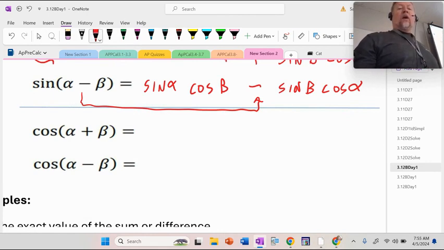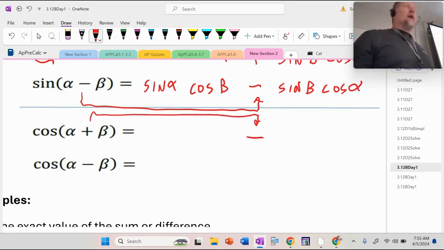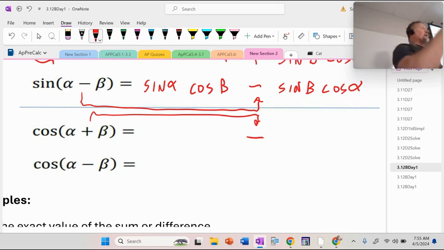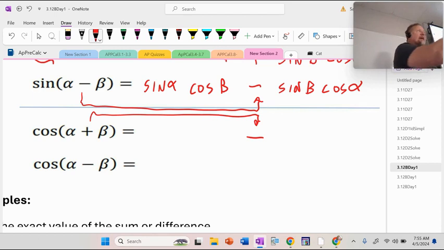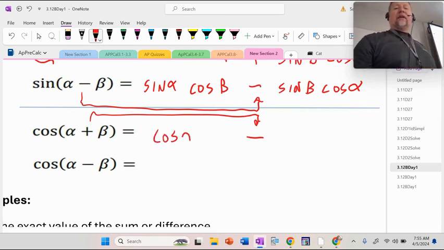For cosine, it has a distinct, different structure. Number one, for cosine, the signs are different, so sum is a difference. That's why, for the sine formulas, the sine sign is the same. I'm trying to help you memorize with little tricks. Cosine is a very distinct structure that is different from the other one.